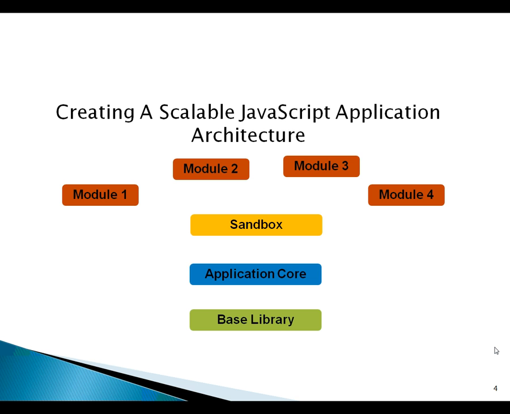The sandbox in this case should act like the mediator between the modules. Module 1 should not refer to module 2's code directly. It should refer through the sandbox, so that we can test module 1 or module 2 individually. Sandbox will act as a mediator between these modules.